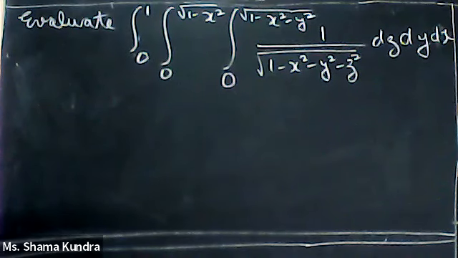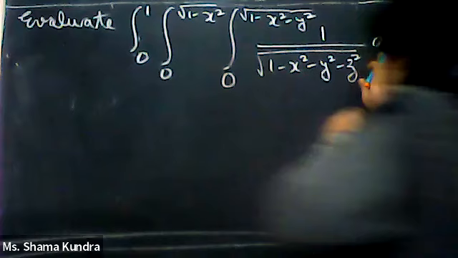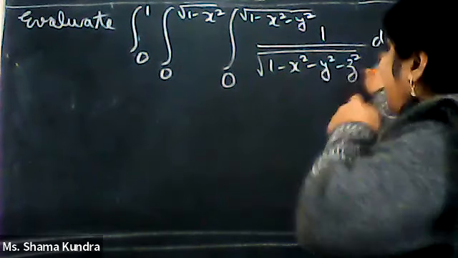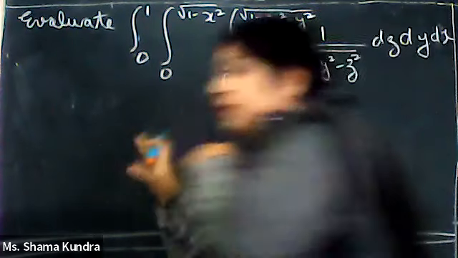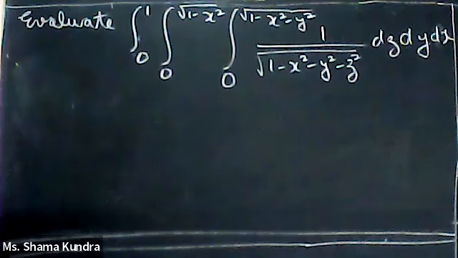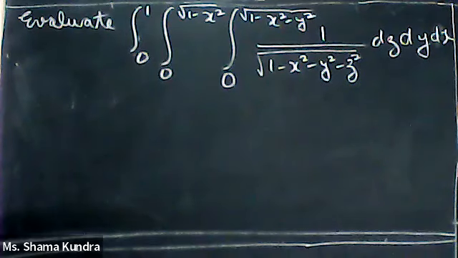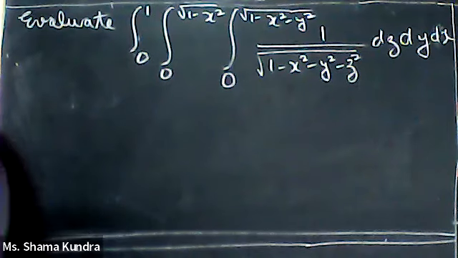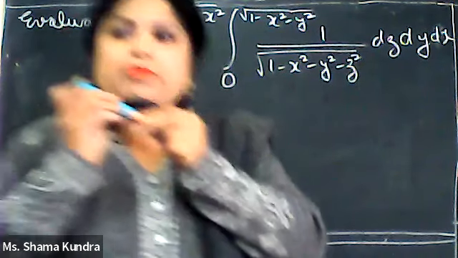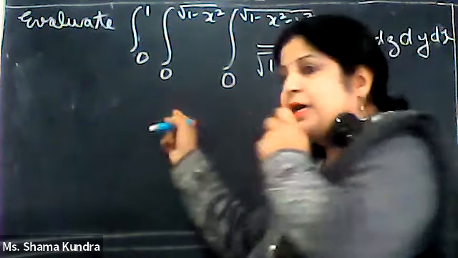We integrate first with respect to z here. x is constant, y is constant, z is variable. See how we solve or how we think in this type of question.